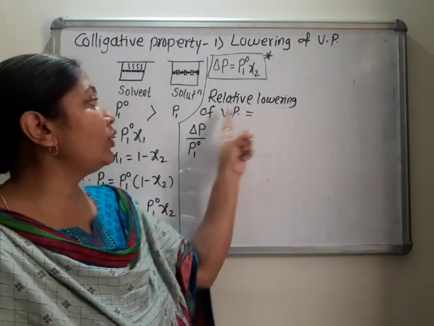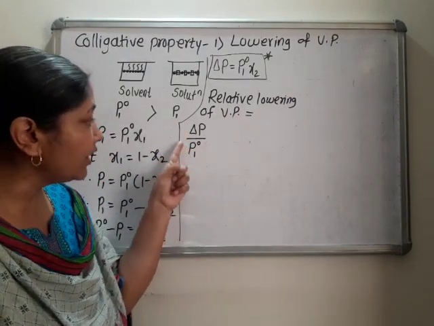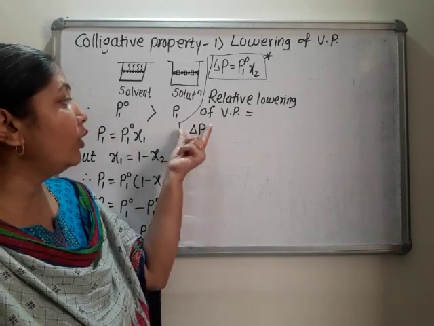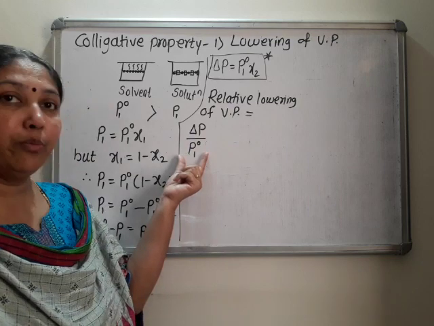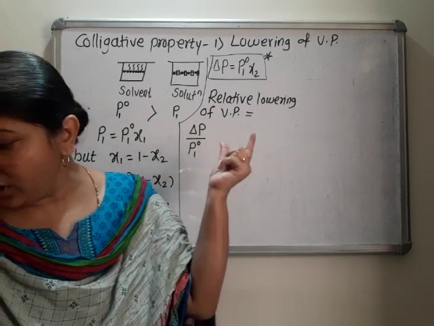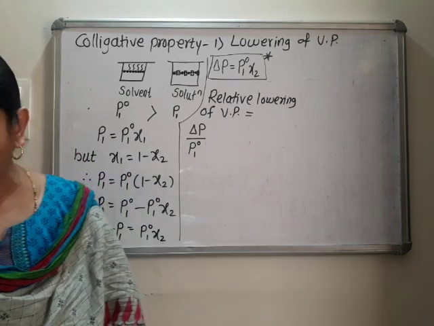So relative lowering of vapor pressure is the ratio of lowering of vapor pressure to vapor pressure of pure solvent.